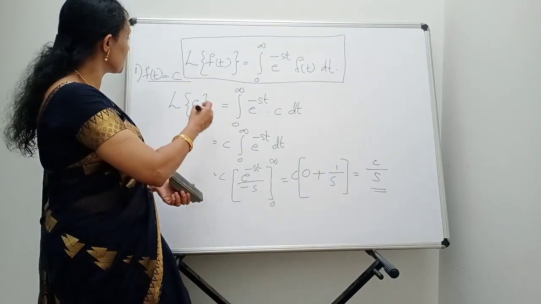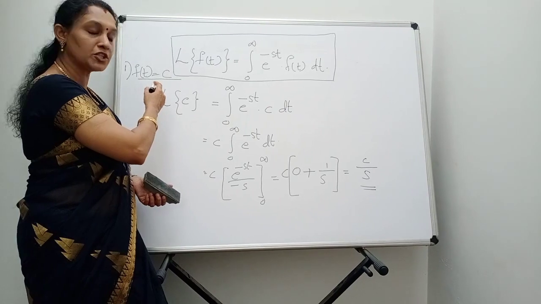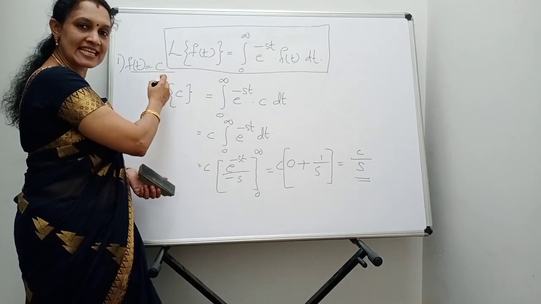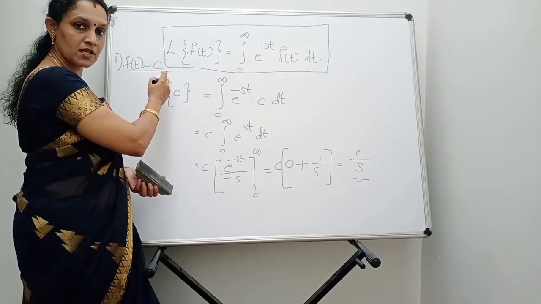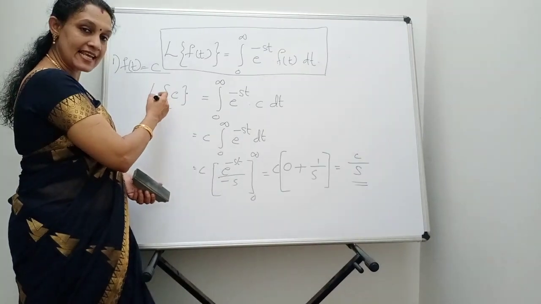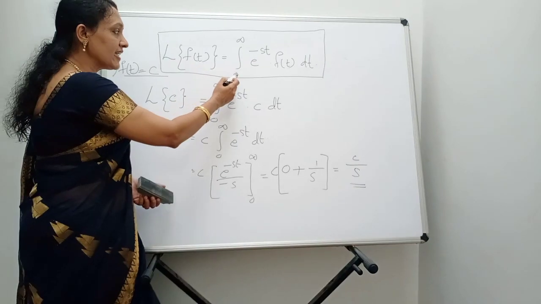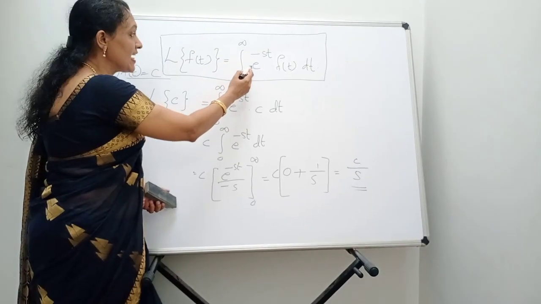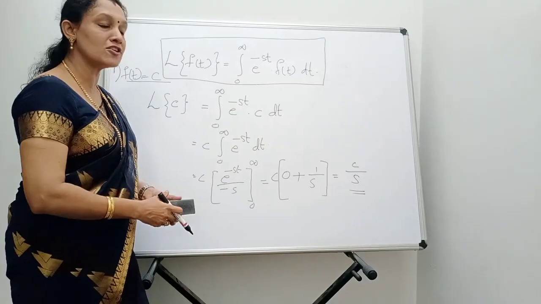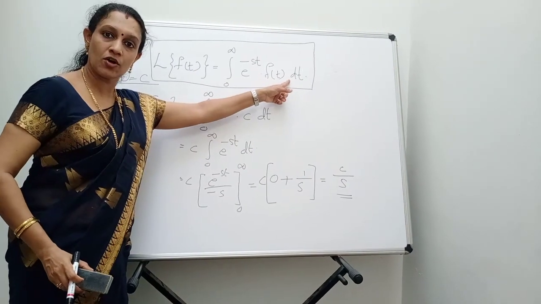Okay, so here you take f of t is equal to the constant function c. What is its Laplace transform? So L of c. We know L f of t is integral 0 to infinity e raised to minus st into f of t dt. Okay.